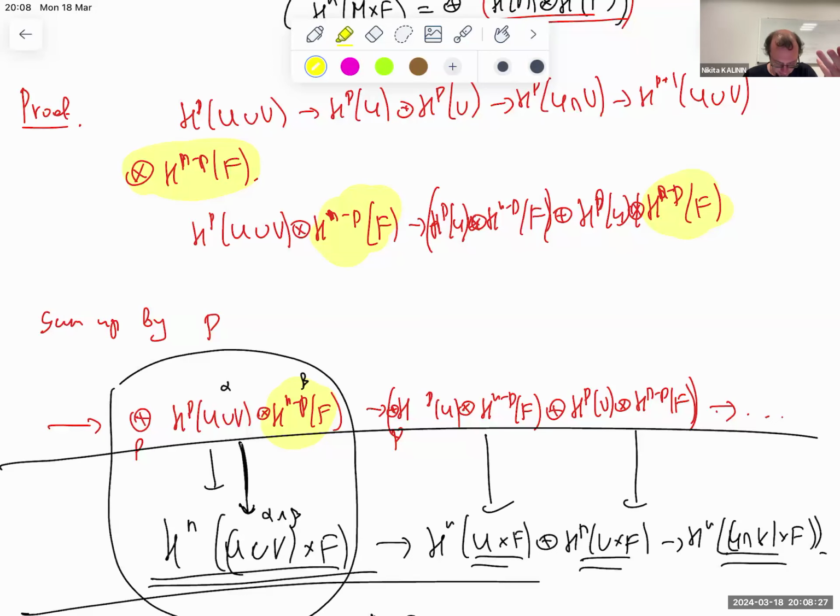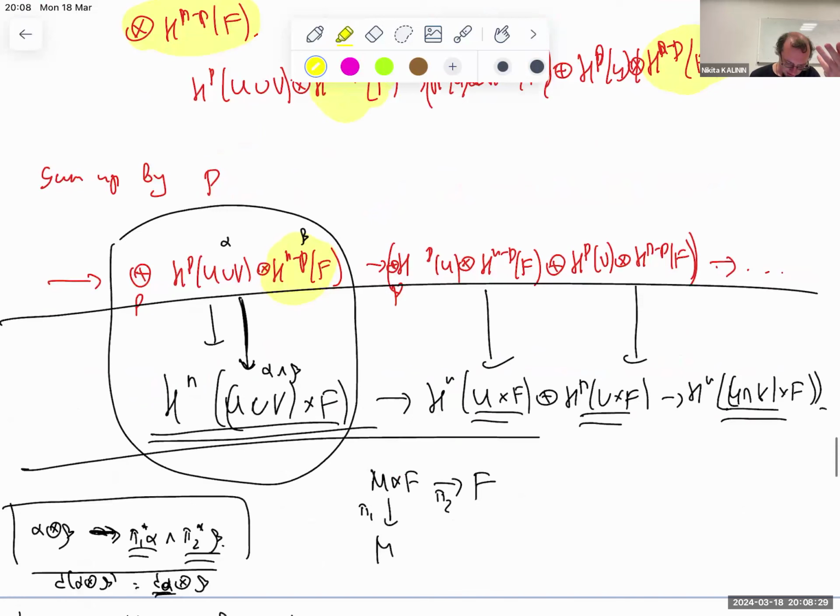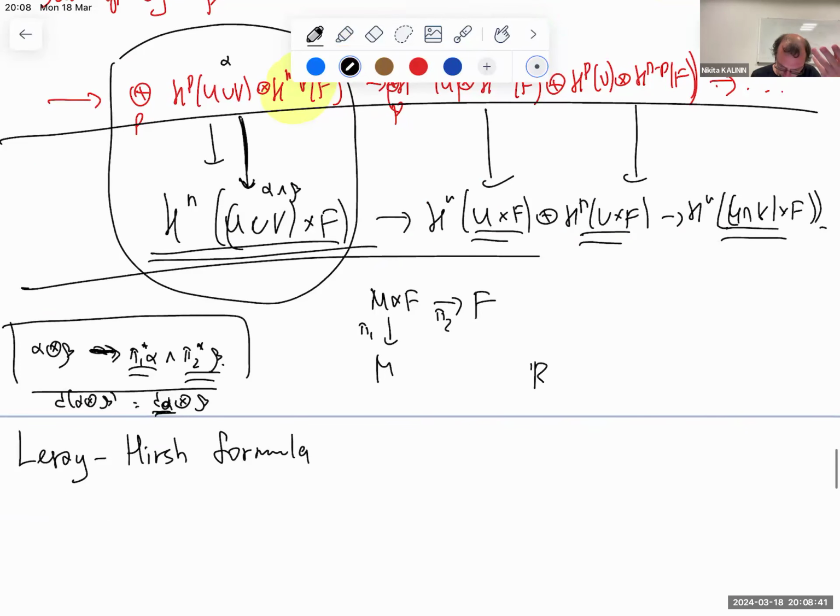And the only thing that you need to show is that indeed these maps are fine in the case of Rn. So indeed, when you have just Rn times F, then the cohomology is just the same as the cohomology of F. Well, and we proved last time that these things are homotopy equivalent, so they have the same homology.